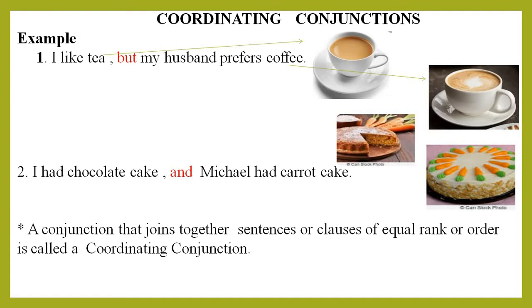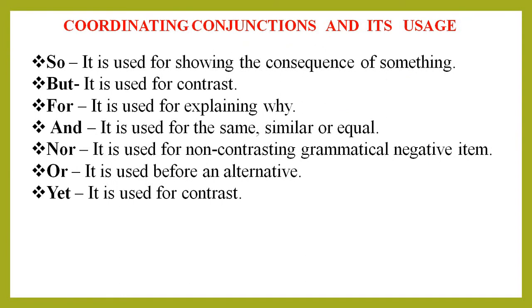Dear student, here are some conjunctions and their uses. So let's know one by one. "So" is used for showing the consequences of something, but "but" is used for contrast between two sentences or statements. "For" is used for explaining the reason for anything, and "and" is used for the same, similar, or equal rank sentences or words or phrases.